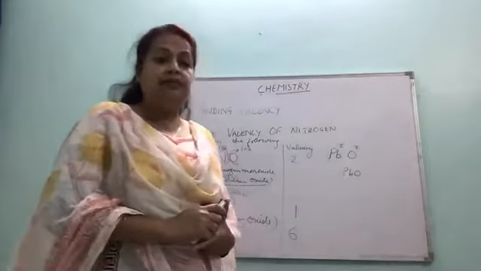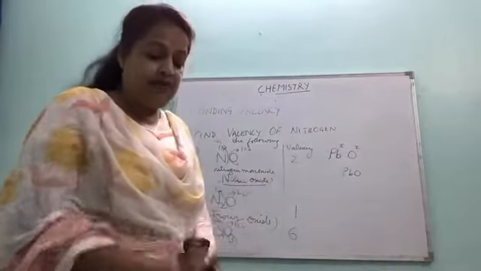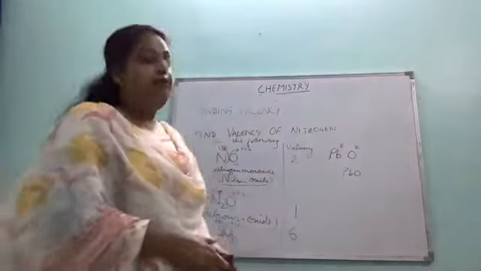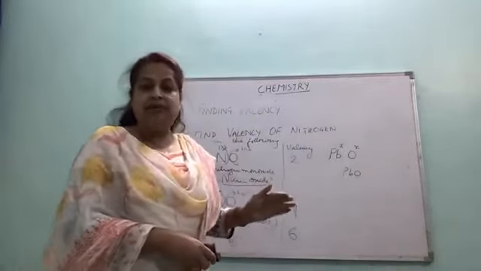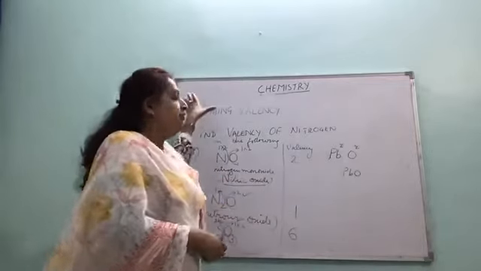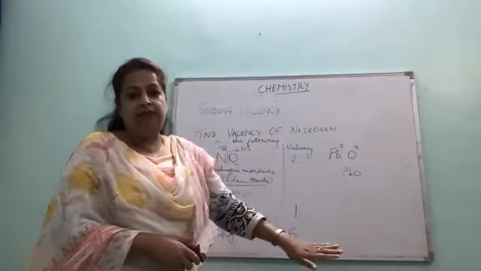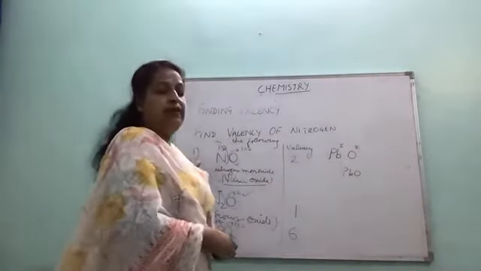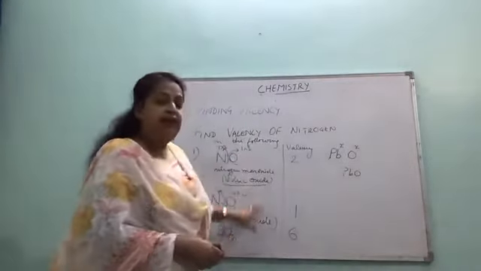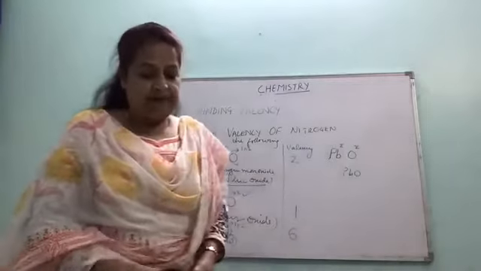Well, in this class I have told you that you will be learning formula, symbols and valencies. It's a must, children, just the ABCD of chemistry. From symbols and valencies, write formulas, practice that, and back from the formula, how to find valencies. These two things we have covered today.